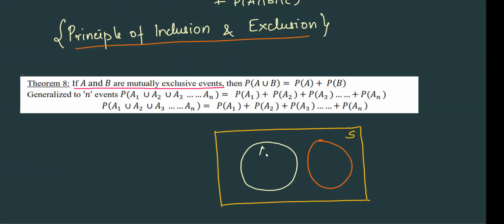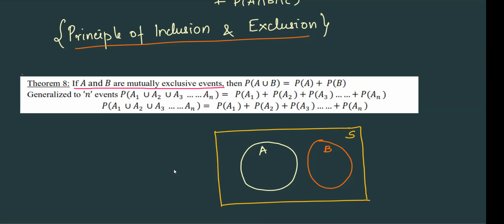So this is event A, this is event B. Now event A and event B are mutually exclusive, means if one occurs, the other does not occur.